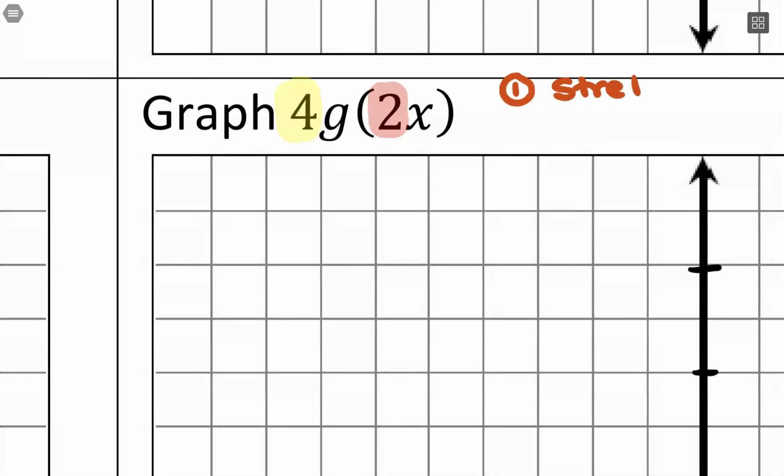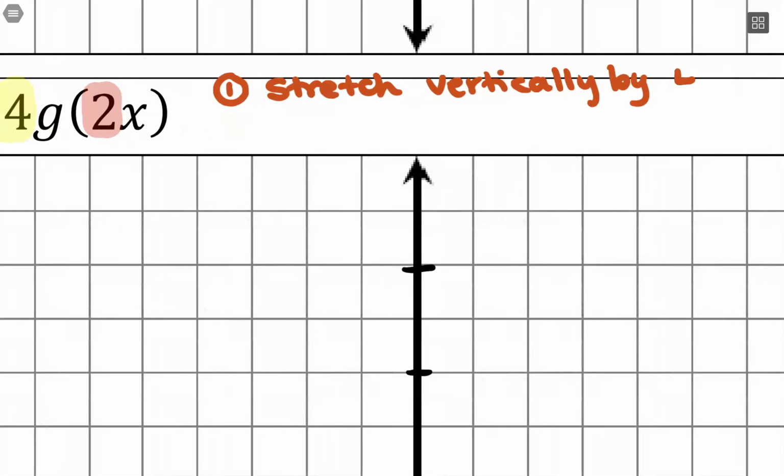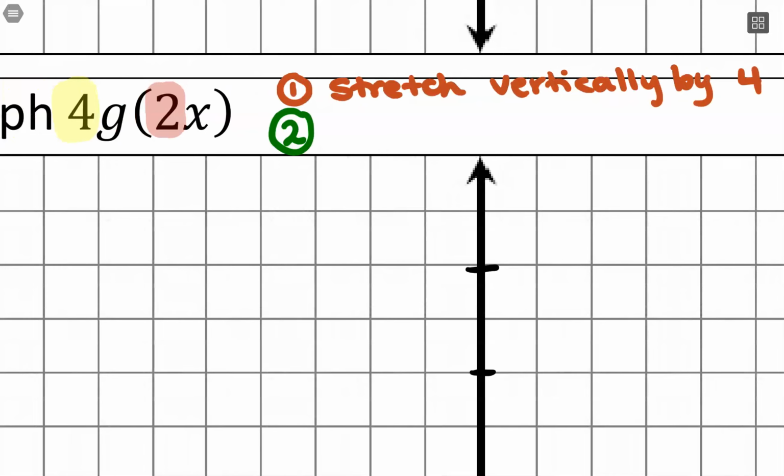So I'm going to stretch vertically by 4. And then for the second step, the 2 multiplying with x, it's the opposite of what you might think, so it's a compression. So we're going to compress horizontally, and we're going to think of that as a half.